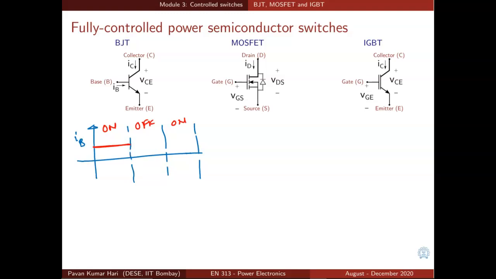For example, one can apply a negative base current and then the device is turned off quickly. But again, if the device has to be turned on, you have to apply a positive base current.